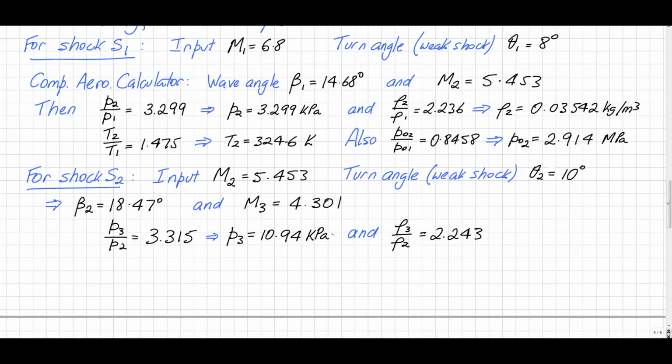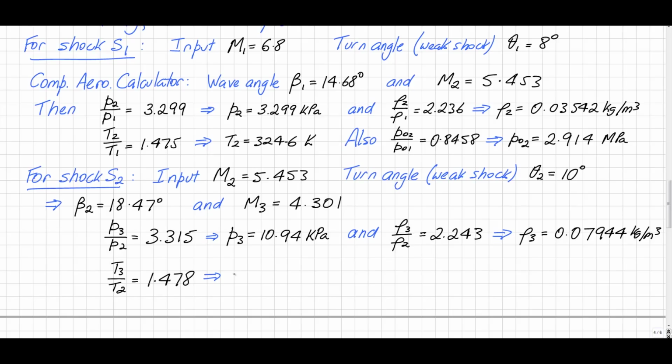The ratio of the static density, which will be rho 3 over rho 2, is 2.243. So we use that with our rho 2 from up above here to find that rho 3 is equal to 0.07944 kilograms per meter cubed. The static temperature ratio across the shock is 1.478.